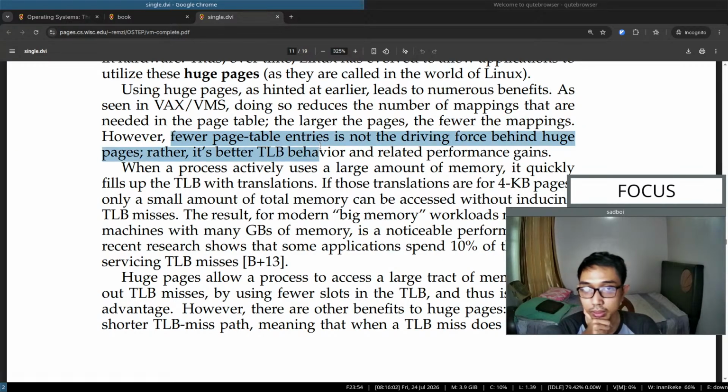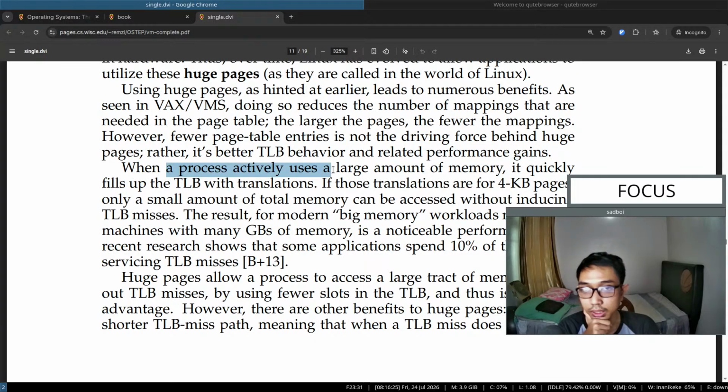However, fewer page table entries is not the driving force behind huge pages. Rather, it's better for the translation lookaside buffer behavior and related performance gain.